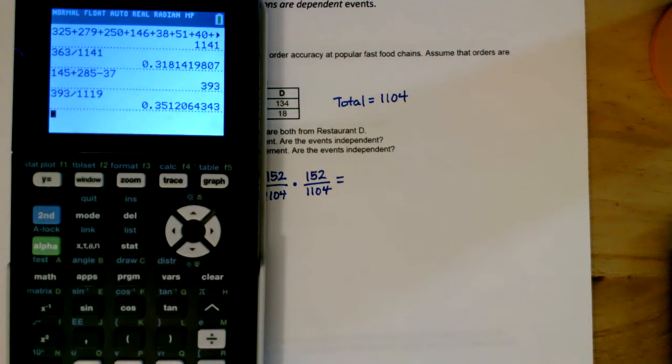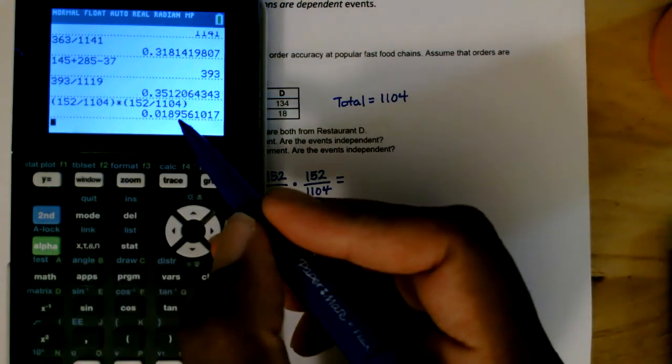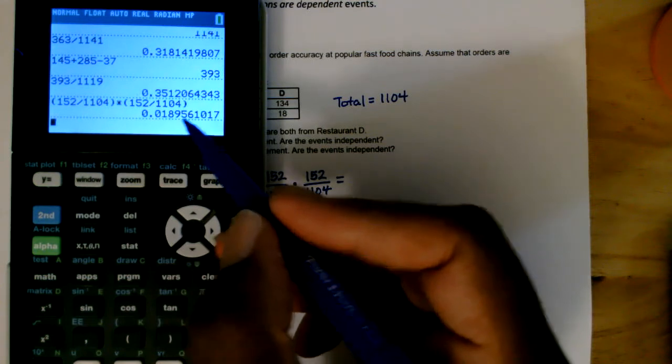In this case, that 152 over 1104 is the same. But if you want to do this, we can do left parentheses, 152 divided by 1104, close parentheses, times, and then open parentheses, 152 divided by 1104. Now, if we were to round that off to 4 decimal places, that value will be 0.0190 because the fourth digit here is a 9, to the right of it is a 5. So 89 becomes 90.